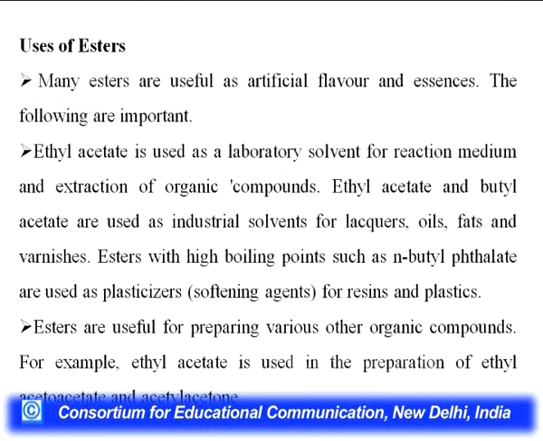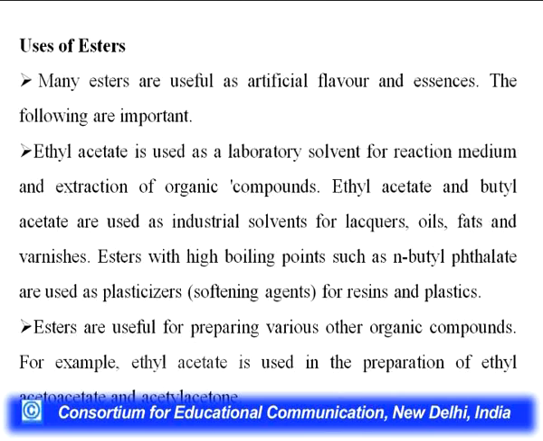Now the uses of esters. Many esters are useful as artificial flavors and essences. The following are the important ones. Ethyl acetate is used as a laboratory solvent for reaction medium and extraction of organic compounds. Ethyl acetate and butyl acetate are used as industrial solvents for lacquers, oils, fats and varnishes.